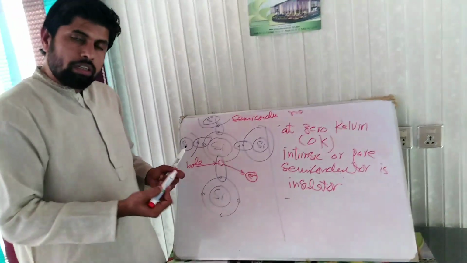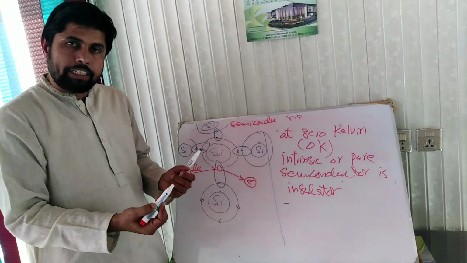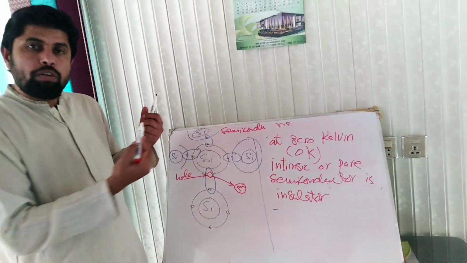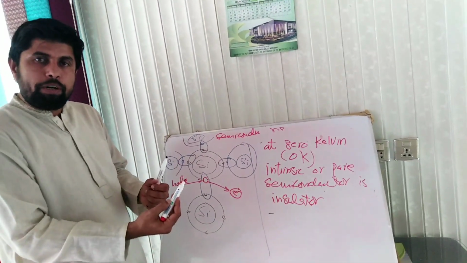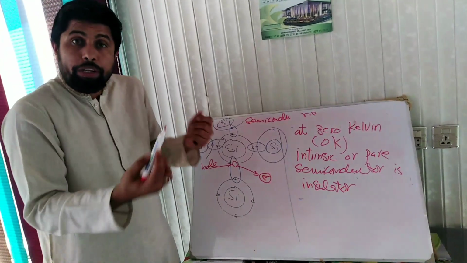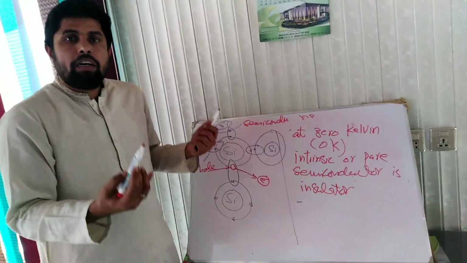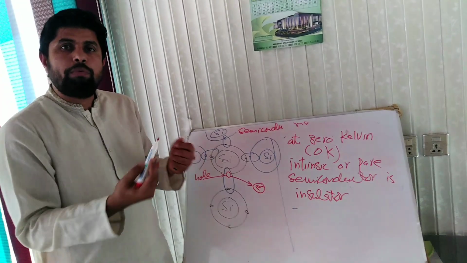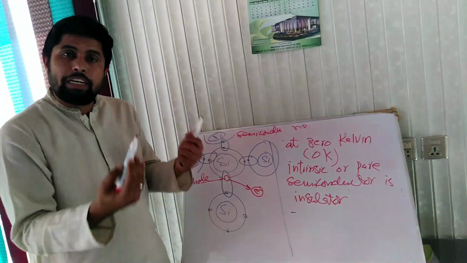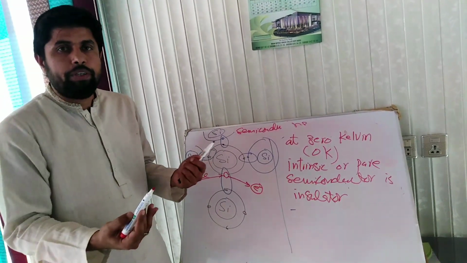It's a hole, represented by p. So an electron leaving the covalent bond creates a hole. A hole means an empty state, where an electron has left.